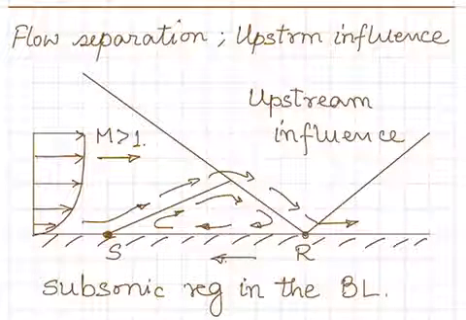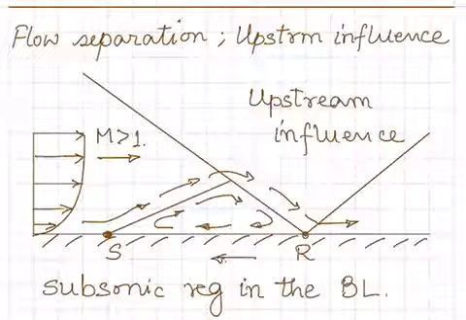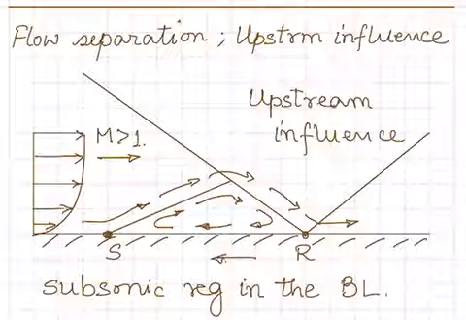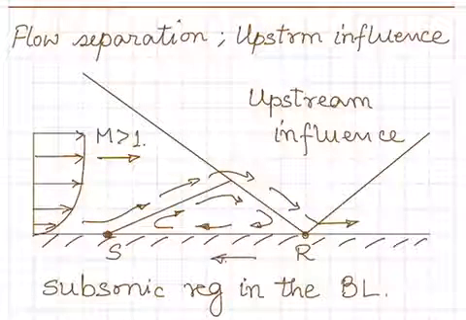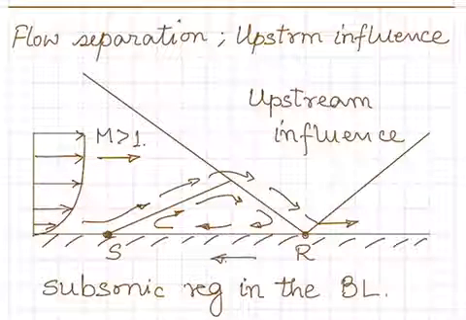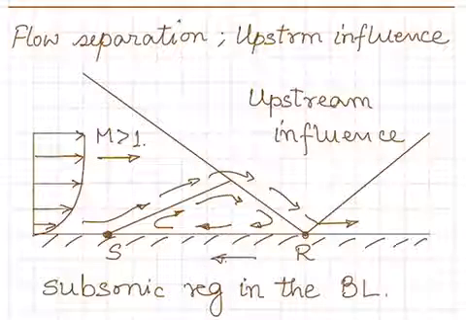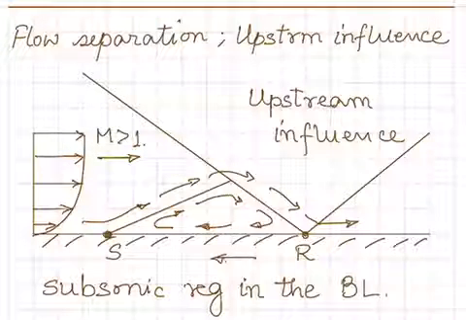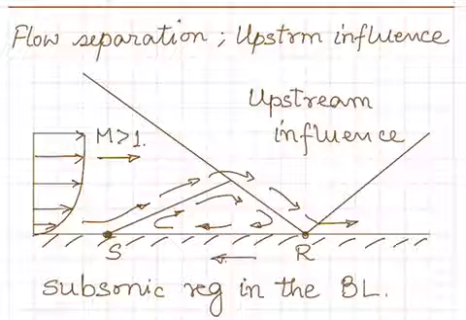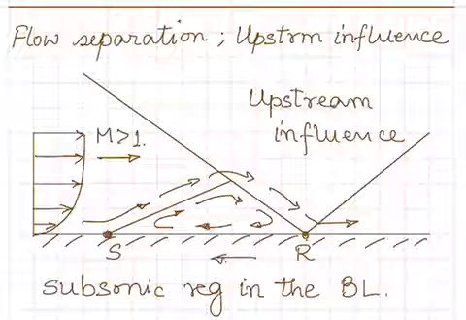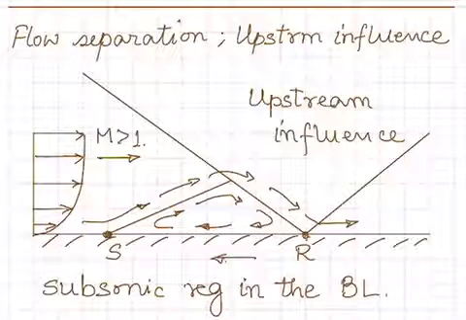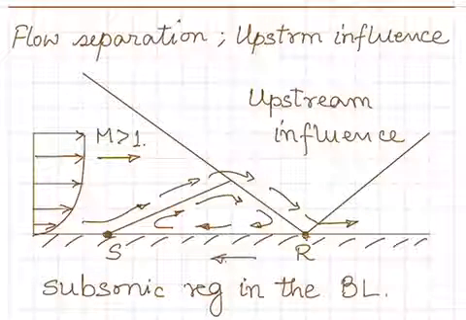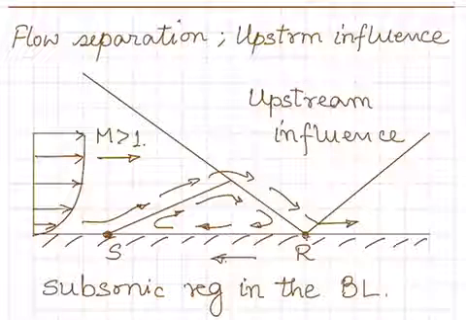How far is the point S, the separation point, where the boundary layer gets detached from the surface, upstream compared to the inviscid shock impingement? If there was no boundary layer, we can extrapolate this shock and see that it will impinge somewhere near R.